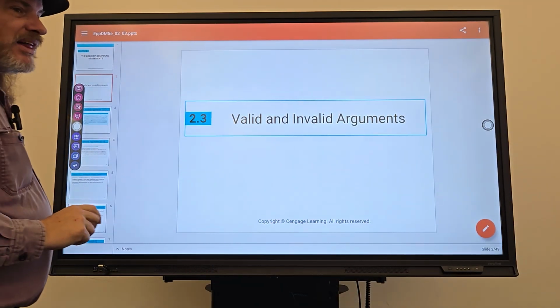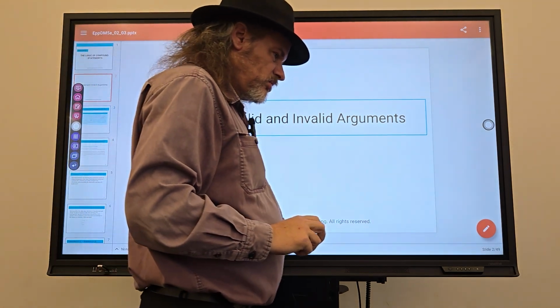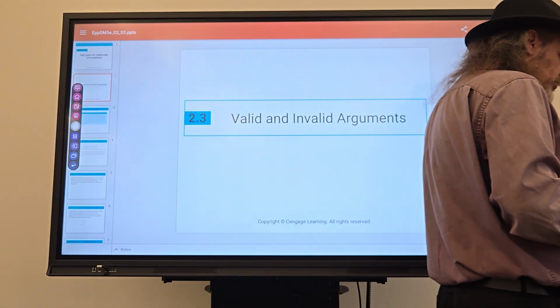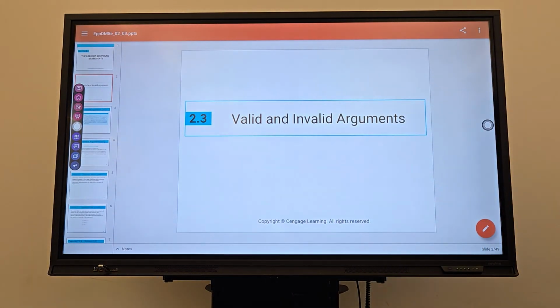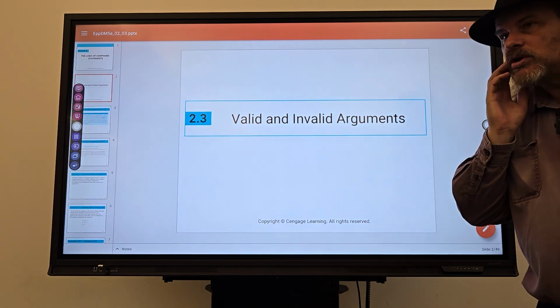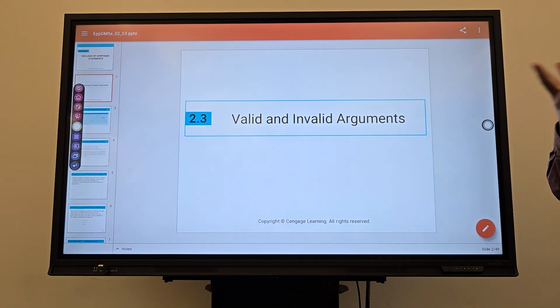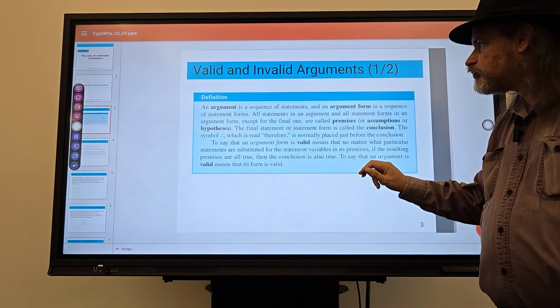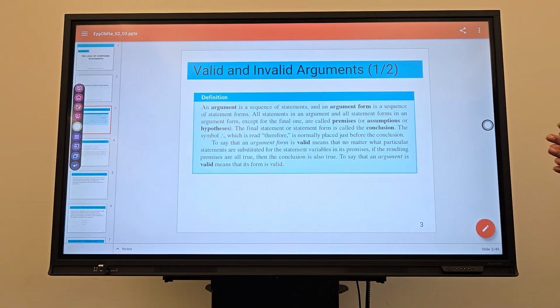Valid and invalid arguments. Stringing together logical statements to create an argument that will hopefully be true, or whatever you're trying to express. An argument is a sequence of statements.